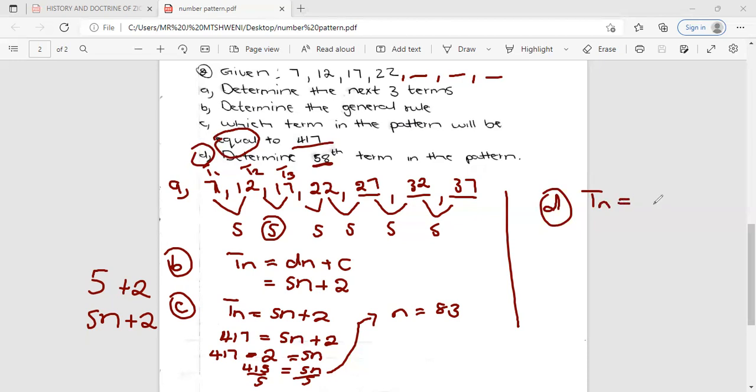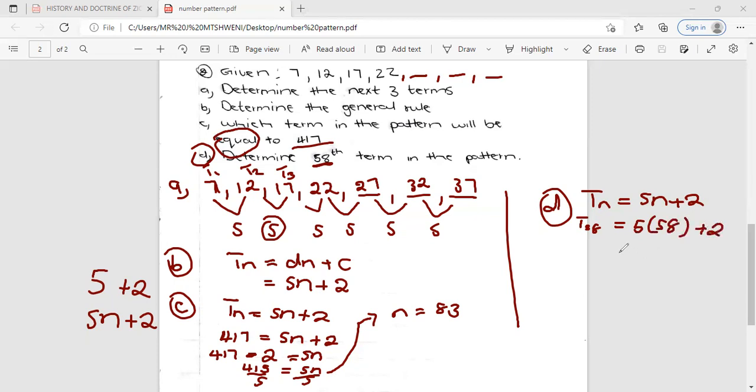You don't forget, 5n plus 2. What do you do? Wherever there's n, term number 58, you put in 58.